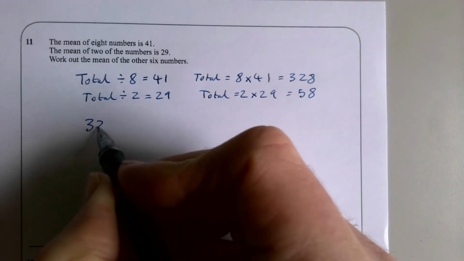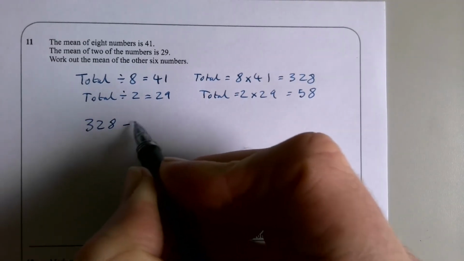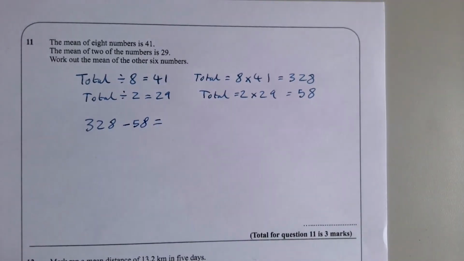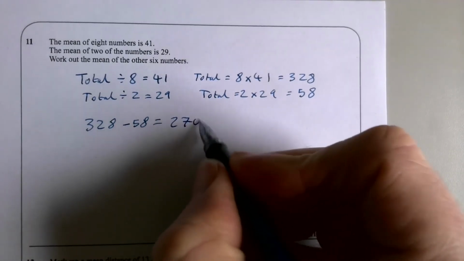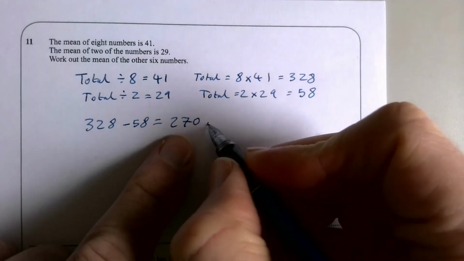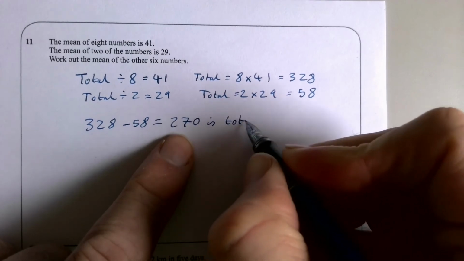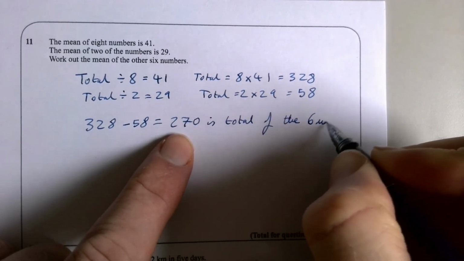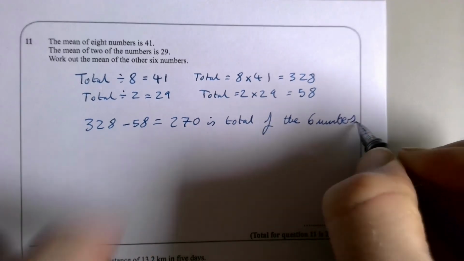Well, if I take the total of the 2 numbers away from the total of all 8 numbers, that gives me, is that 270? Yes, it is 270. 270 is the total of the 6 numbers.